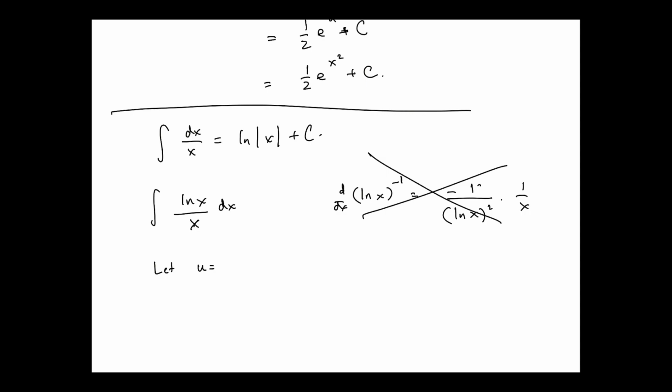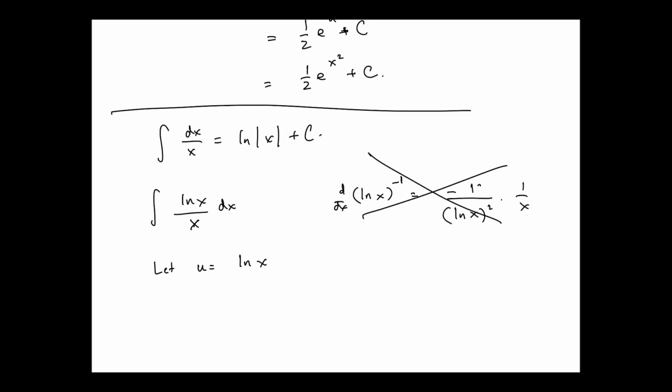All right. What should we let u equal? Okay, and I will give you a hint here. If I let u equal x, then what does that do? All it does is change the problem from x's to u's, but it doesn't actually change anything.